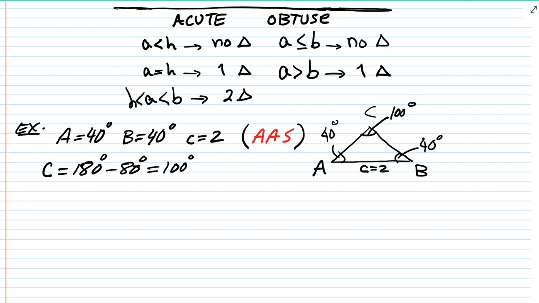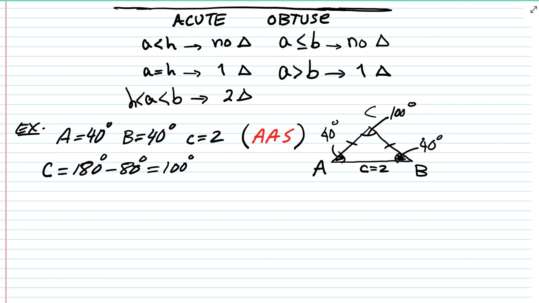Now we can find the measure of A and B. They're going to be equal because it looks like I have an isosceles triangle, right? Because it has two equal sides, because my base angles are each 40. That's why. All right.